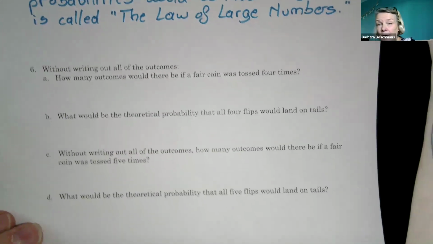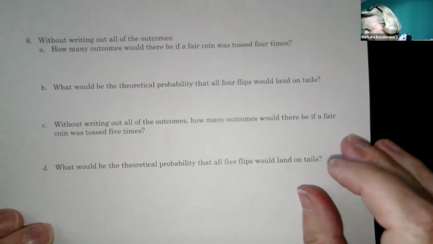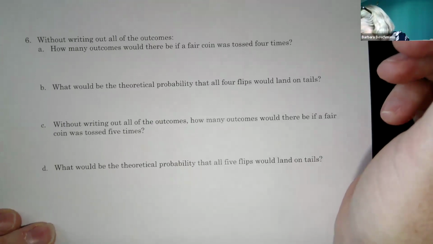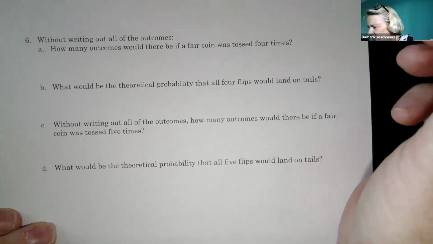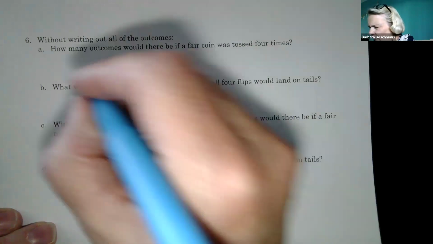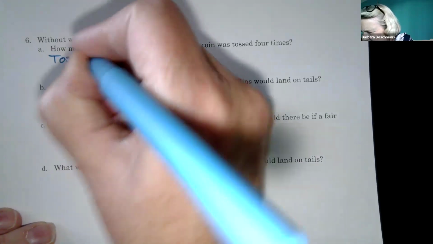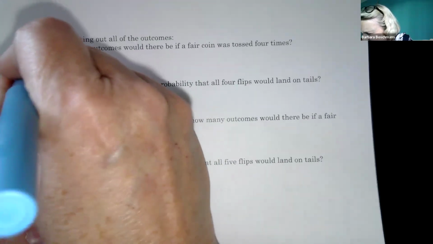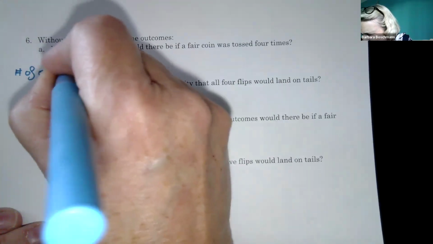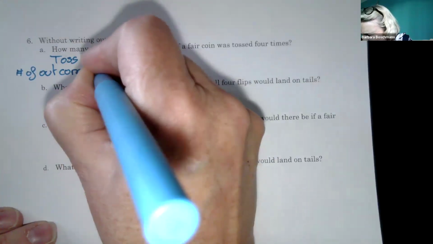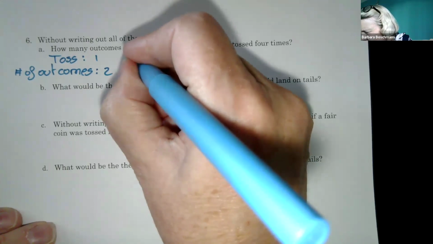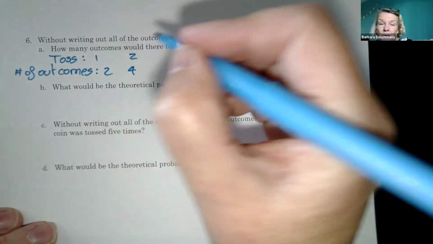Okay, without writing the outcomes, how many outcomes would there be if the fair coin was tossed 4 times? So one time you had 2 outcomes. So toss once, number of outcomes was 2. If you tossed it 2 times, we have 4. That's the one in the table.